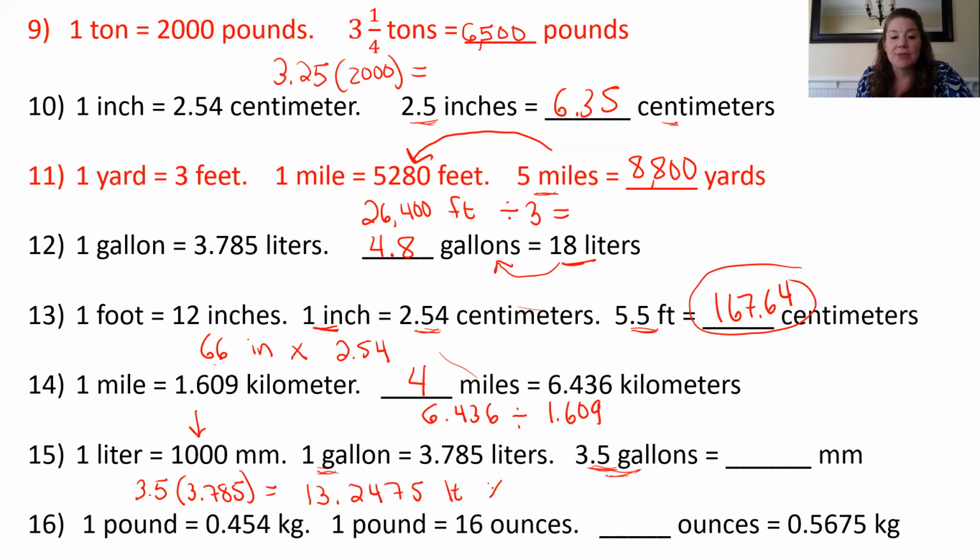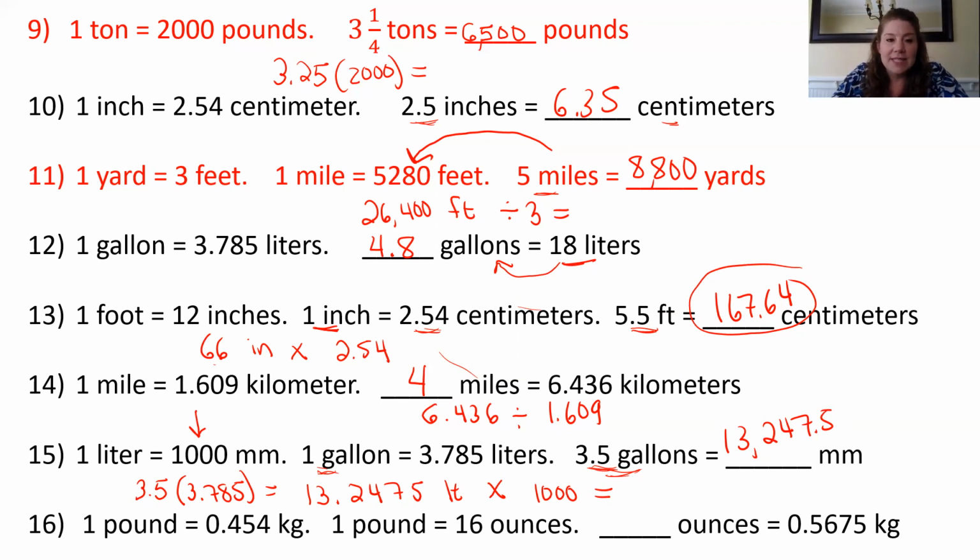So I'm going to multiply 13.2475 by 1,000. Basically, it moves my decimal 3 places to the right. And that is 13,247.5 milliliters, I should say.